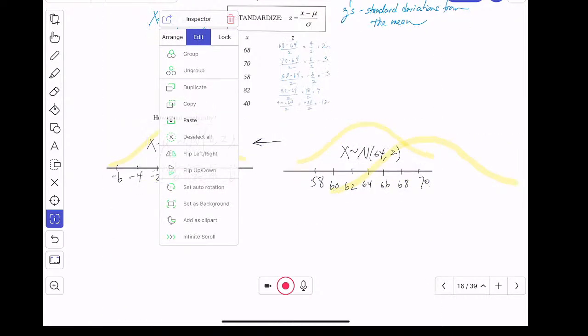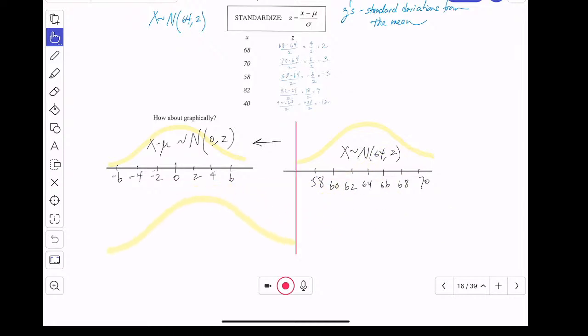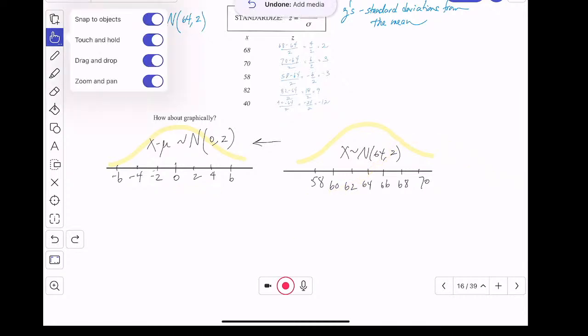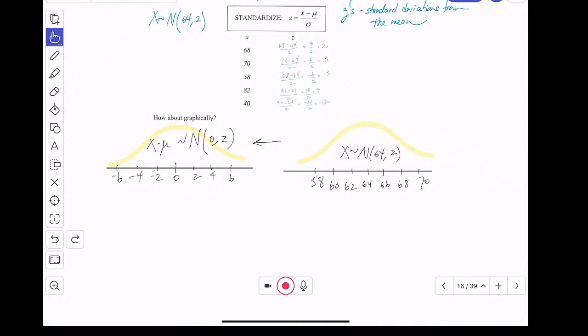Oh, actually, that's not going to work because if I standardize it, if I divide every value by 2, I convert it to a z.